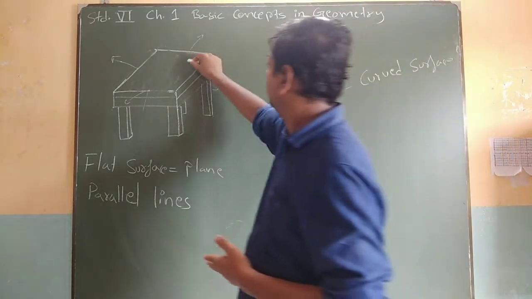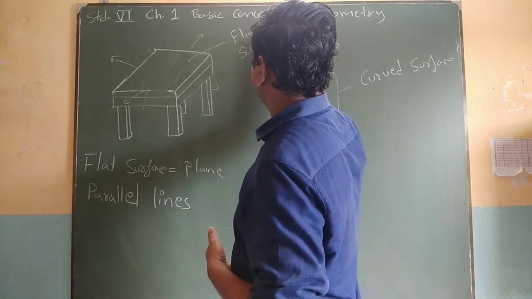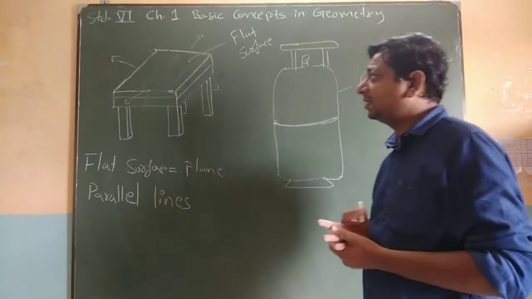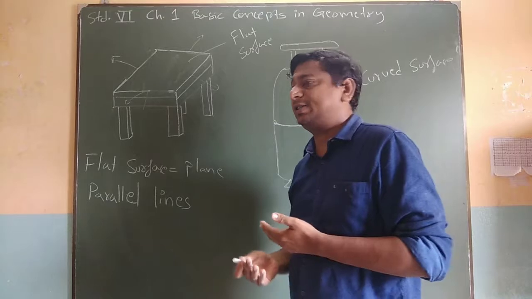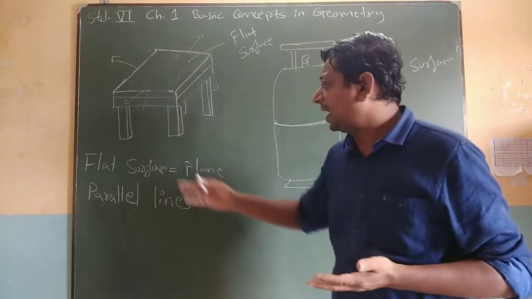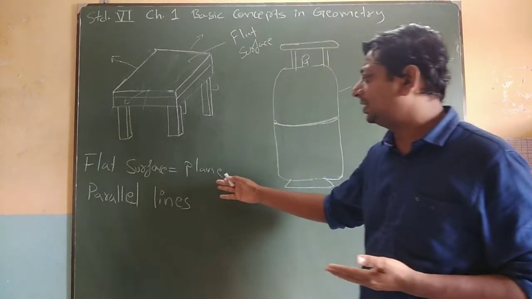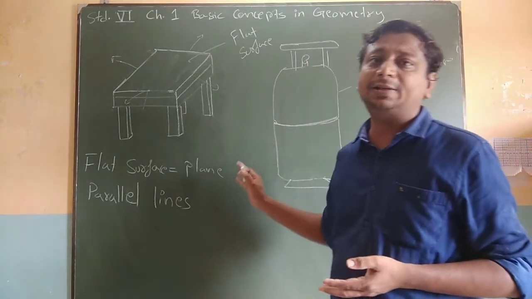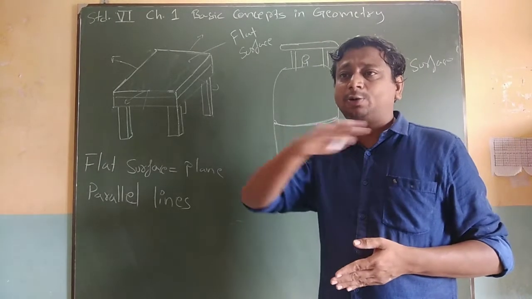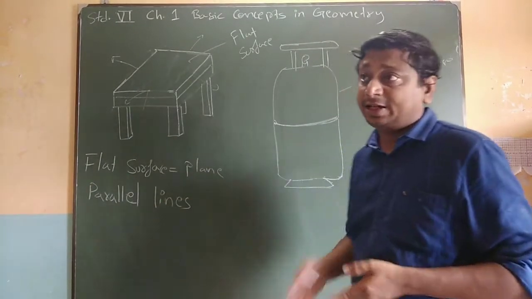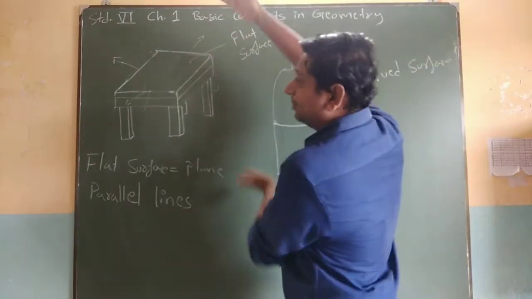And this is a flat surface. So this is the basic difference between a flat surface and a curved surface. In mathematics, a flat surface has a special name: it is a plane. Plane, not plain. Plane means flat, like a plateau. It can be horizontal, or if I tilt this table it is still flat.